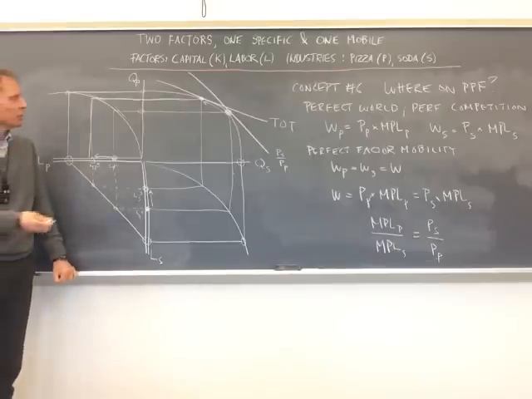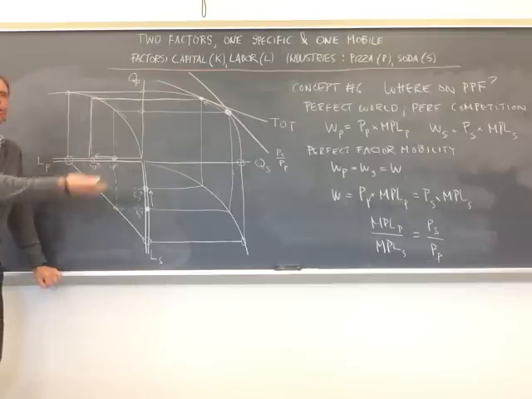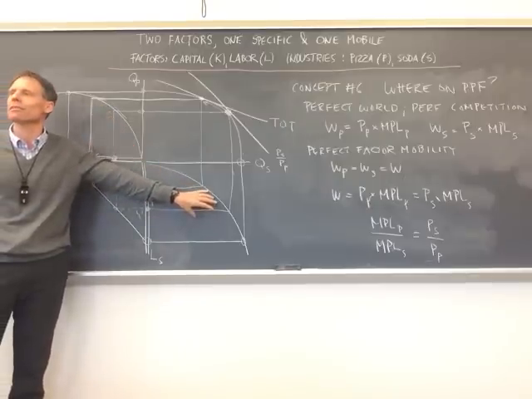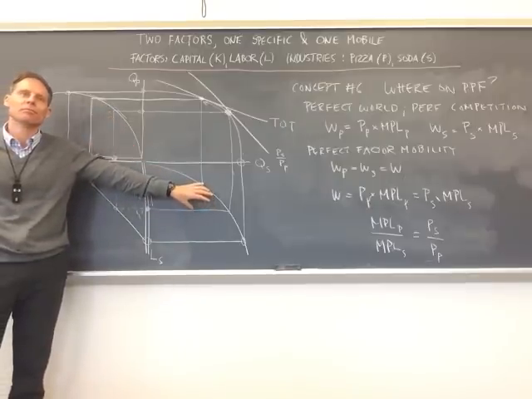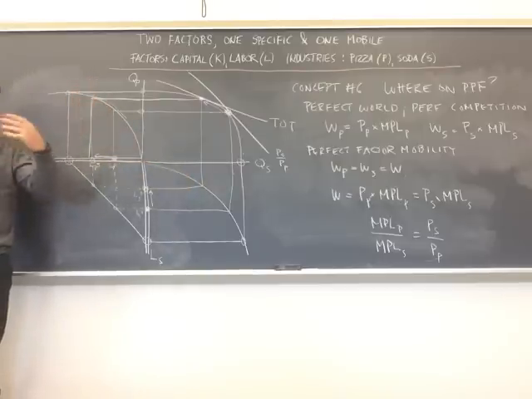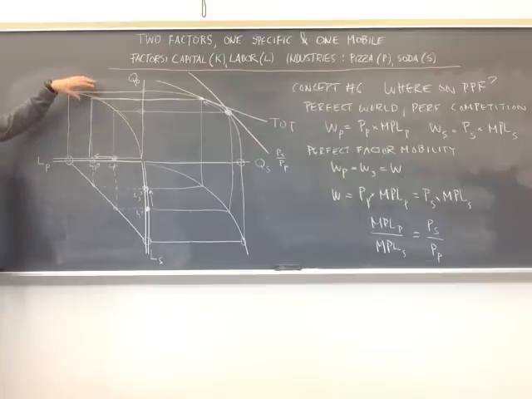If this happened, if you own capital, where would you like to own capital? In the pizza industry or in the soda industry? Remember, with a competitive market, the real return to any factor is equal to its marginal product. So the real return to a capital owner in the pizza industry will go up.